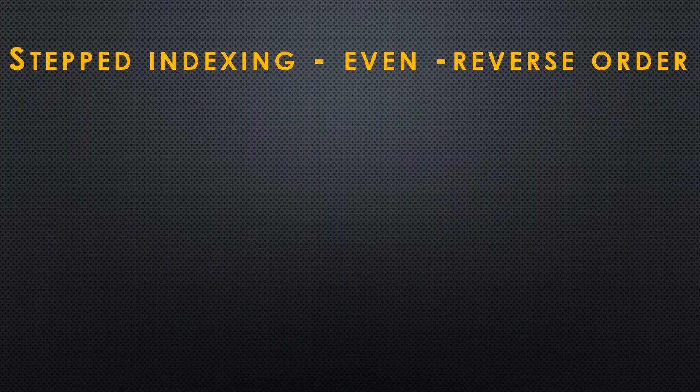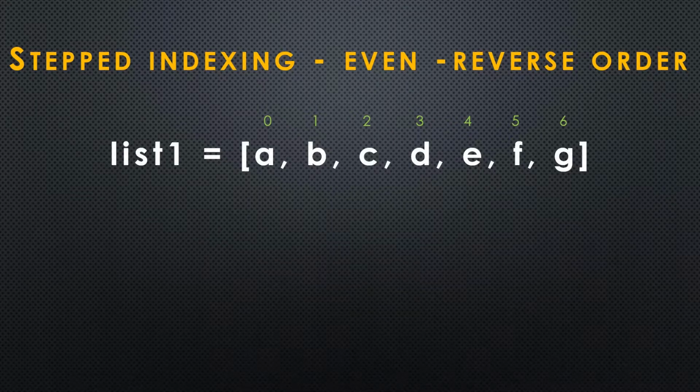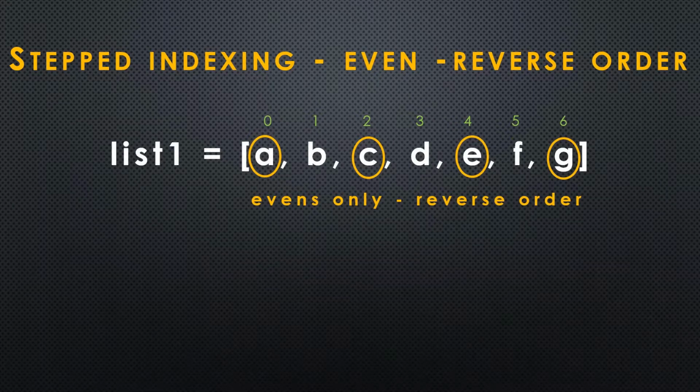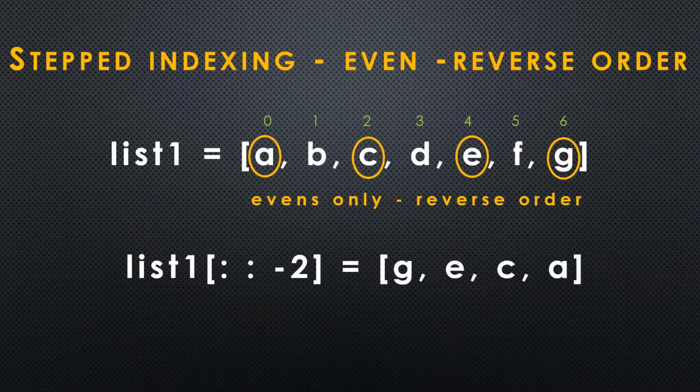Now let's move on to even more complex indexing techniques. What if we want to isolate, given the same list, only the even elements, but in reverse order? Well, again, there is a very simple way of doing that. We write list1[::-2].